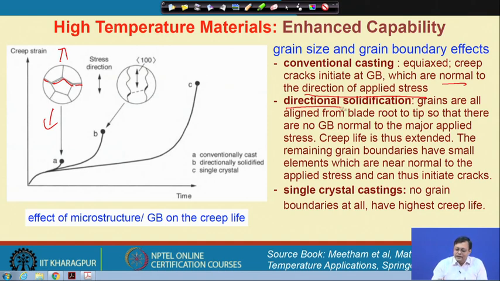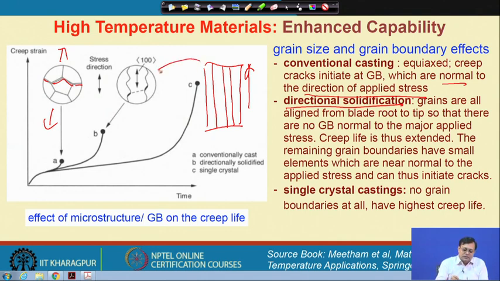But if we go for directional solidification, meaning I have a large turbine blade and these are the grains due to directional solidification. This is a single grain, okay, you assume. So, this is a schematic microstructure shown here. Okay. So, these are the individual grains, and the grains are all aligned in a blade from the root to the tip. This is, let us say, the root of a blade.